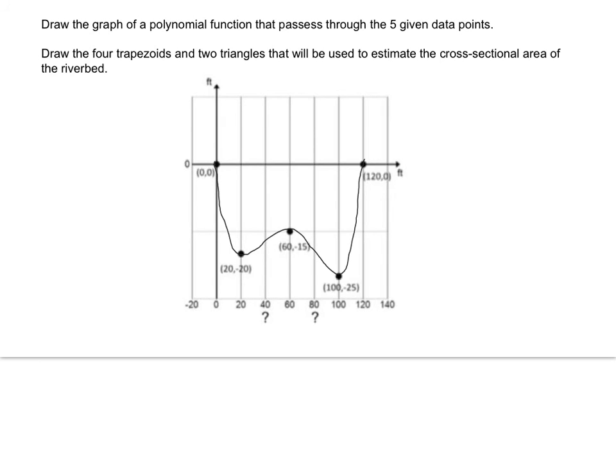Now draw the 4 trapezoids and the 2 triangles that will be used to estimate the cross-sectional area of the riverbed. I would use a straight edge and a pencil if I were you. I'm going to do my best. There's my first triangle. Beautiful, I know. There's my second triangle. And now I'm going to do my trapezoids.